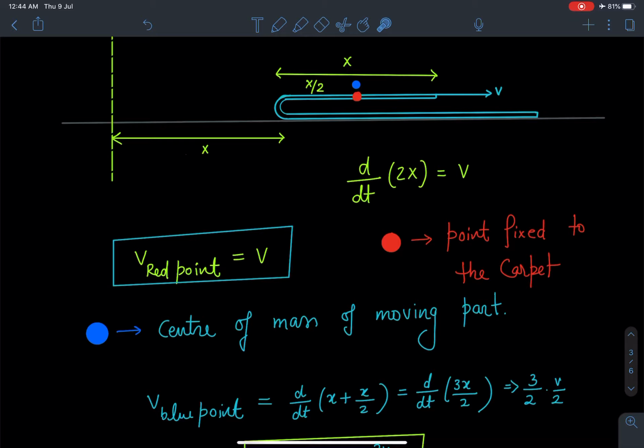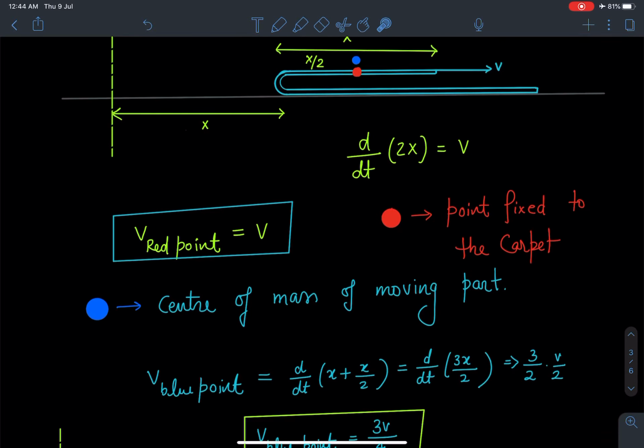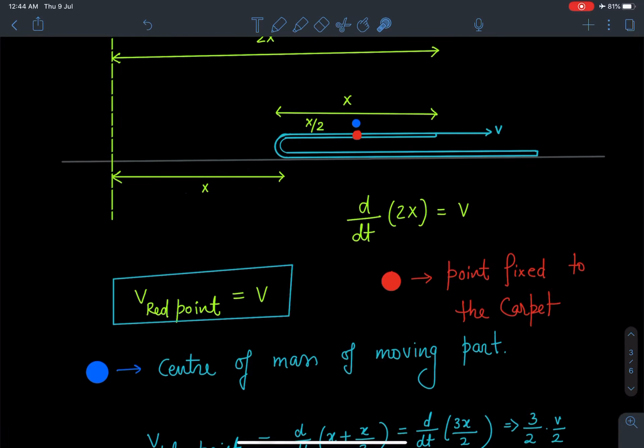So I'm marking that red color on the carpet itself. Okay, so let's see here. As you can see very easily, the displacement of this blue color from this point is 3x by 2, x plus 3x by 2. So simply we can write the velocity of this blue color.